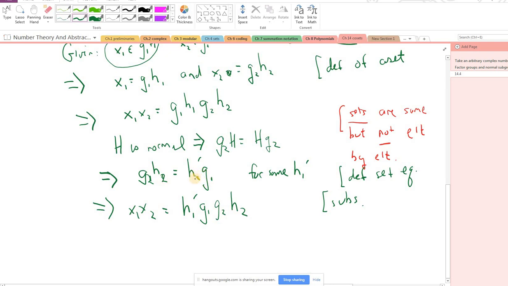Here, let me erase it because it's going to get too junky. G2, H2 equals H2 prime G2. All right, so what does that give me? So this is not right. I have to change this.